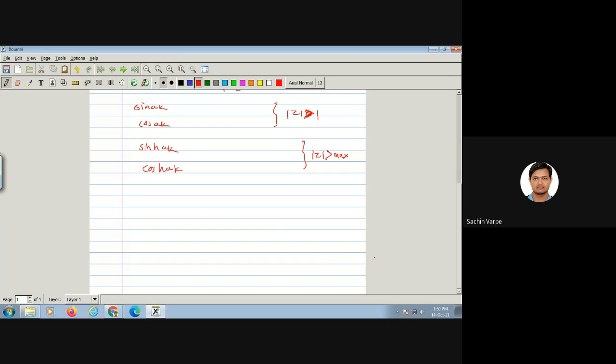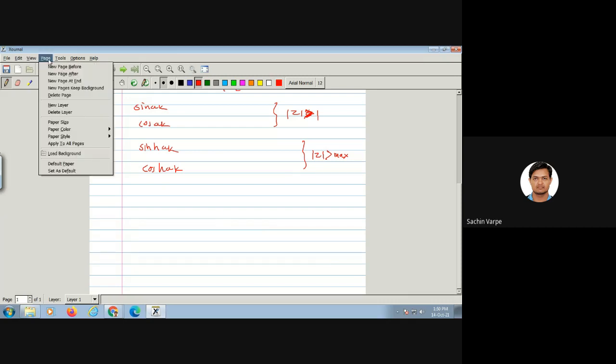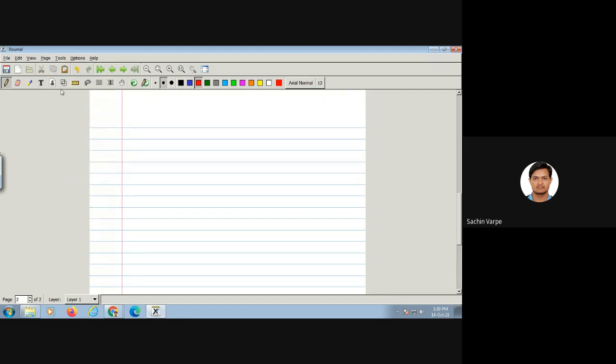So let me brief those formulas for the inverse z transform. Let me prepare a table. Suppose I have the function z upon z minus a, then we all know its inverse z transform, because this is the z transform of a raised to k for k positive.